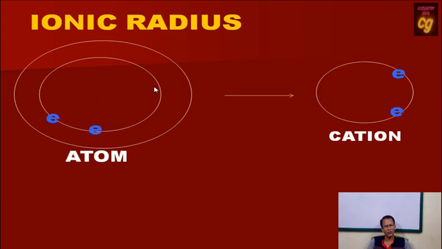When the cation forms, the electron is removed from the outermost shell, and the nucleus attracts the remaining electrons with greater force. That's why the size decreases. Remember, when an electron is removed from the atom, the nucleus attracts the remaining electrons with greater force. That's why the size of the cation decreases. So a cation is smaller than an atom.